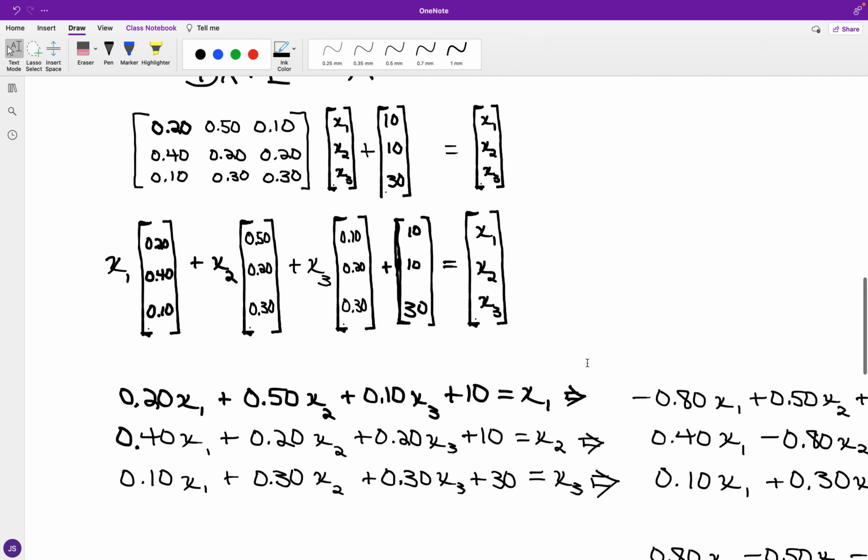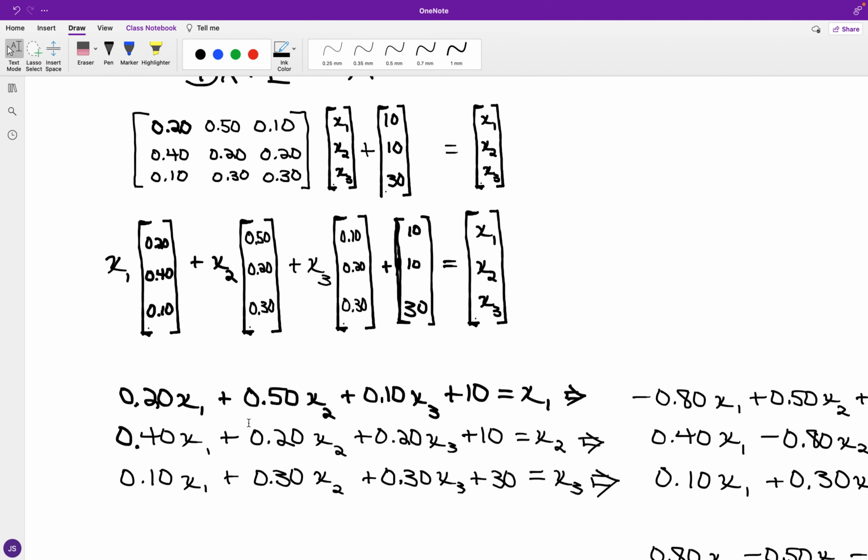Now I set up the respective equations. From the first, I have the equation set equal to x of 1. I join the x of 1 terms together with the variable expression on the left, while moving the constant for the external demand over to the other side.